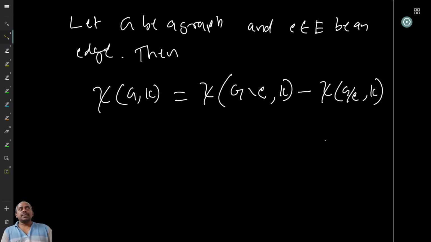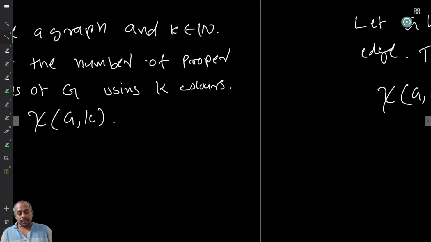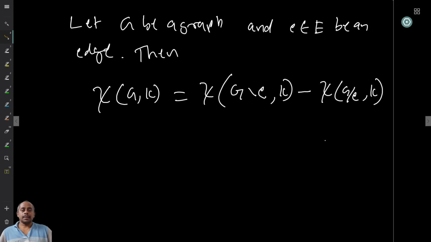So, given a graph G and an arbitrary edge e, we say that the chromatic function, or the k-colorings of G which are proper, is equal to the number of k-colorings of G without the edge e, G minus e, minus the number of k-colorings of G contraction e.